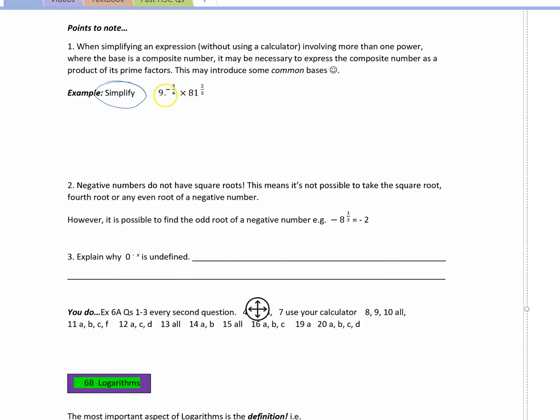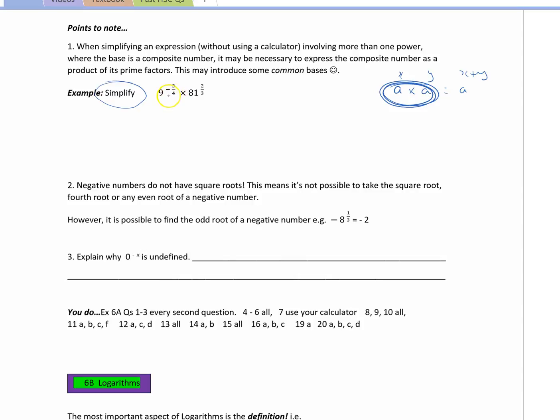So we could be reducing both of these terms to the same base. You may wonder what's the advantage of the same base, but I'm sure you don't really. When you've got a to the x times a to the y, then you add the indices. So we need to have the same base before we can start adding the indices.